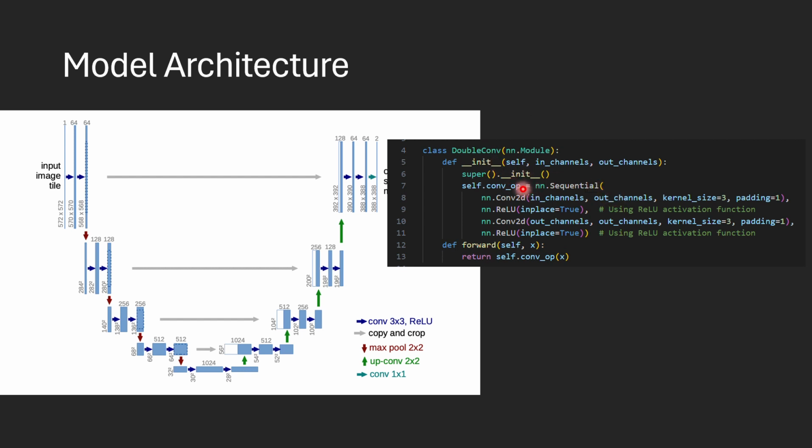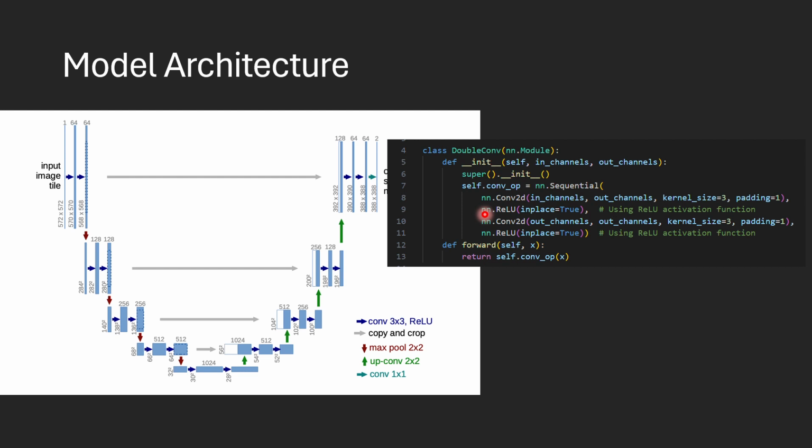Now I'm creating a sequence, and within that sequence I've got two convolution layers, just like how the architecture talks about it. This is ReLU, which is just an activation function, and instead of ReLU you can go ahead and use some other activation function as per your requirement. But according to the original paper they have used ReLU, so I went ahead and used ReLU here.